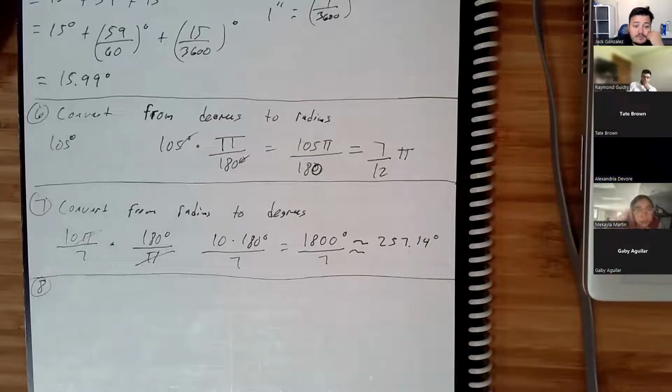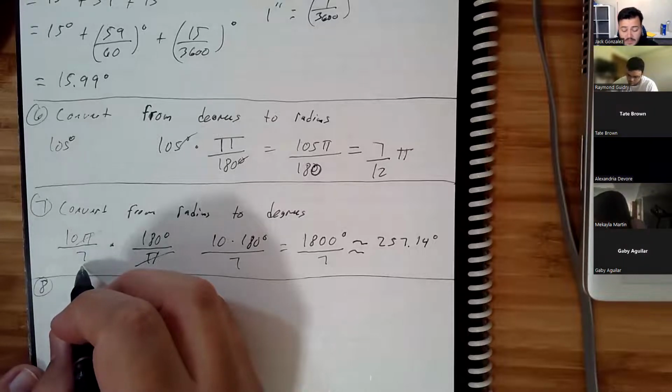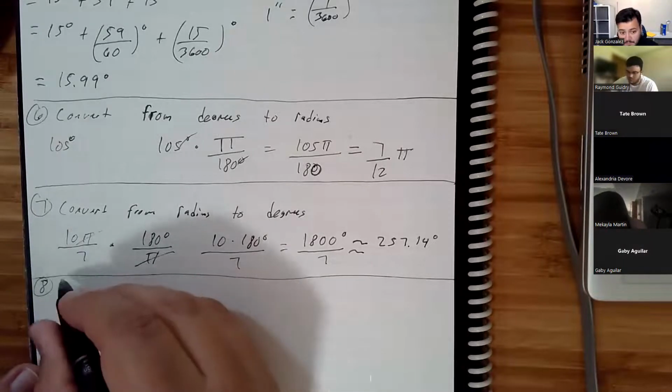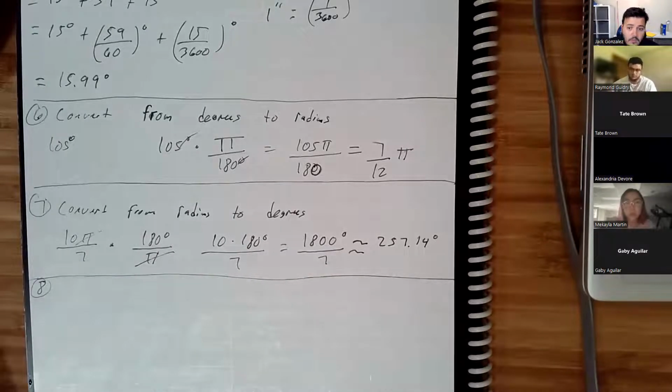Number 8 says an object is traveling around a circle with a radius of 10 centimeters. If in 20 seconds a central angle of 1/3 radian is swept out, what is the linear speed of the object? Well, let's write down everything they said. Radius of 10 centimeters. I'm going to share the screen and then we'll write it.